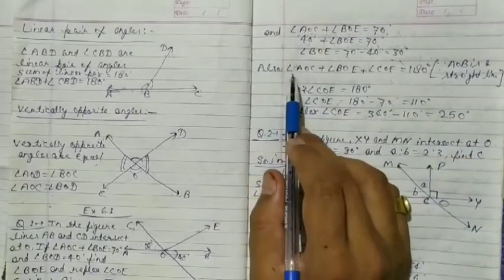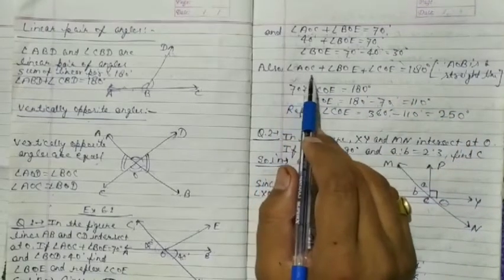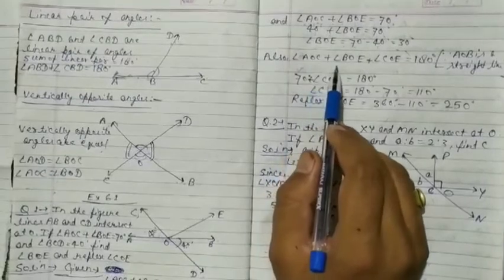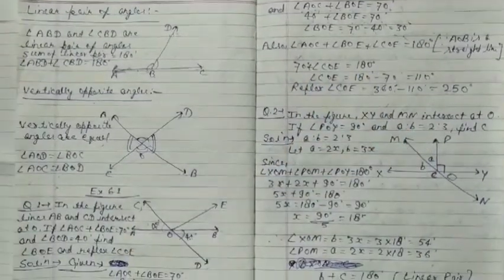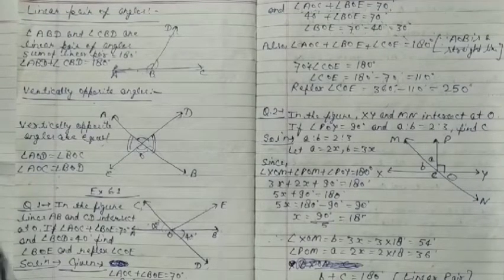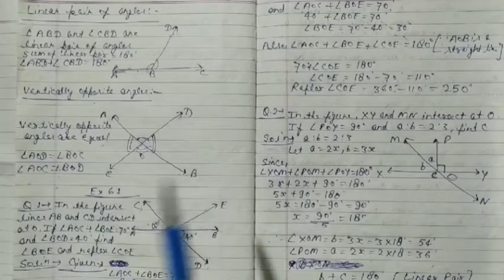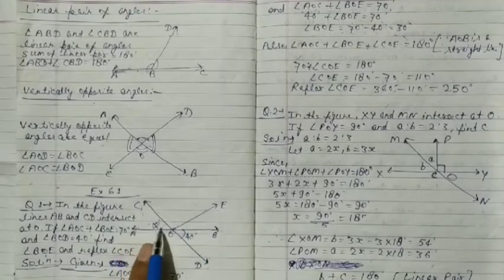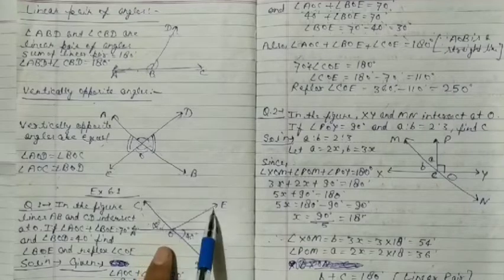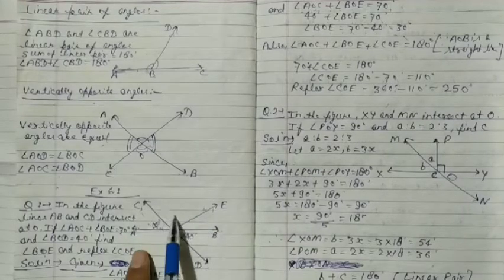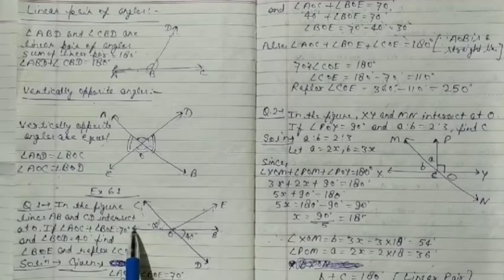Also angle AOC plus angle BOE plus angle COE equals 180 degree. We know a straight angle equals 180 degree, and AOC, BOE and COE, these three angles are on one side of line AOB.